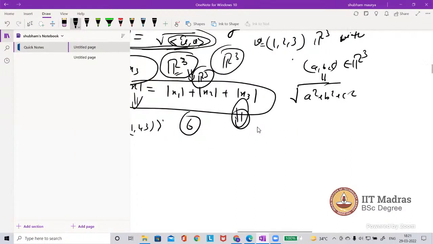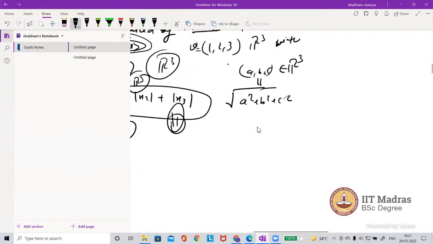Now there are three different things. Suppose somebody says find the norm of this vector and the norm is defined like this. Then you directly use this definition and find the norm.